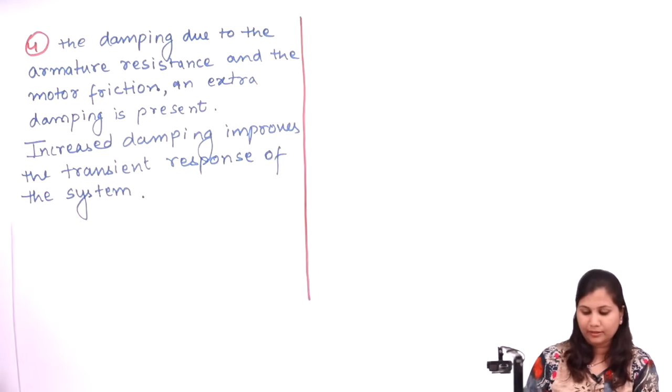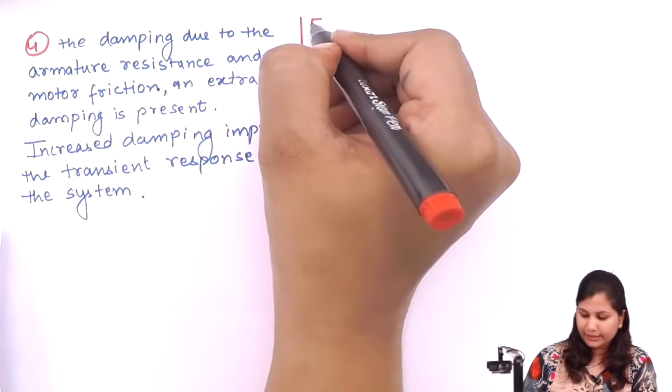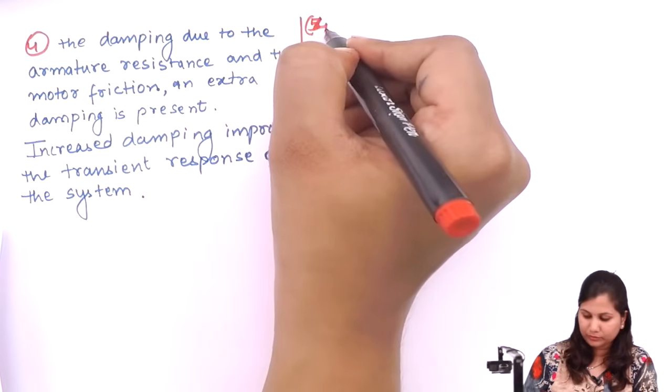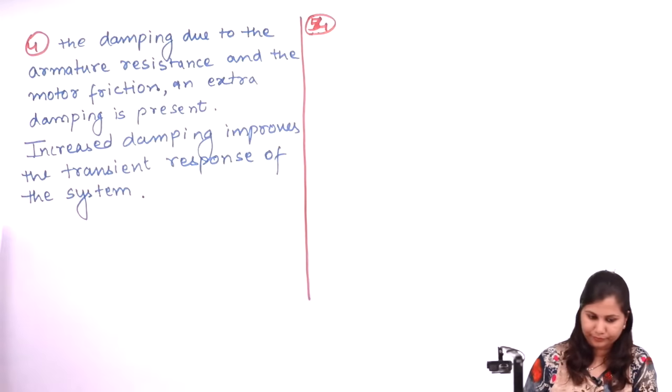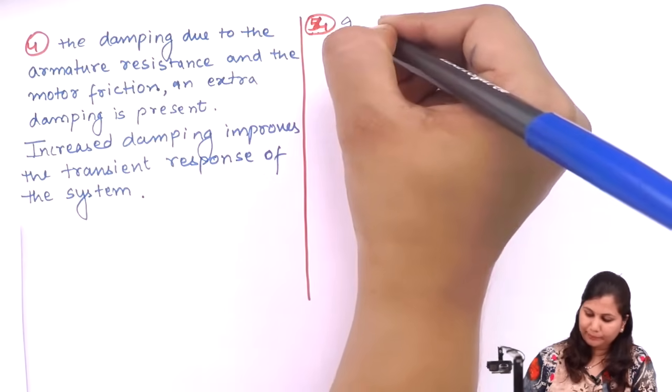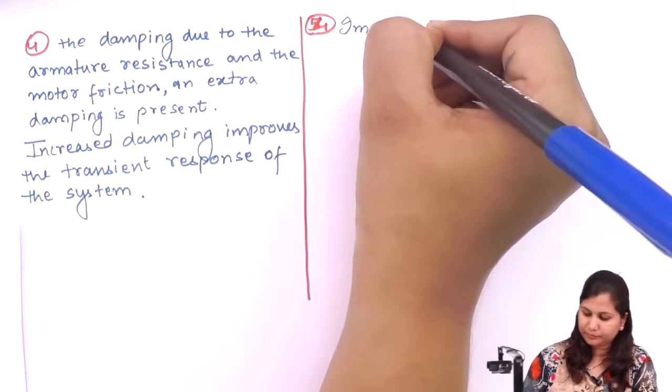Whereas in the field controlled DC servo motor, improved damping is not possible.